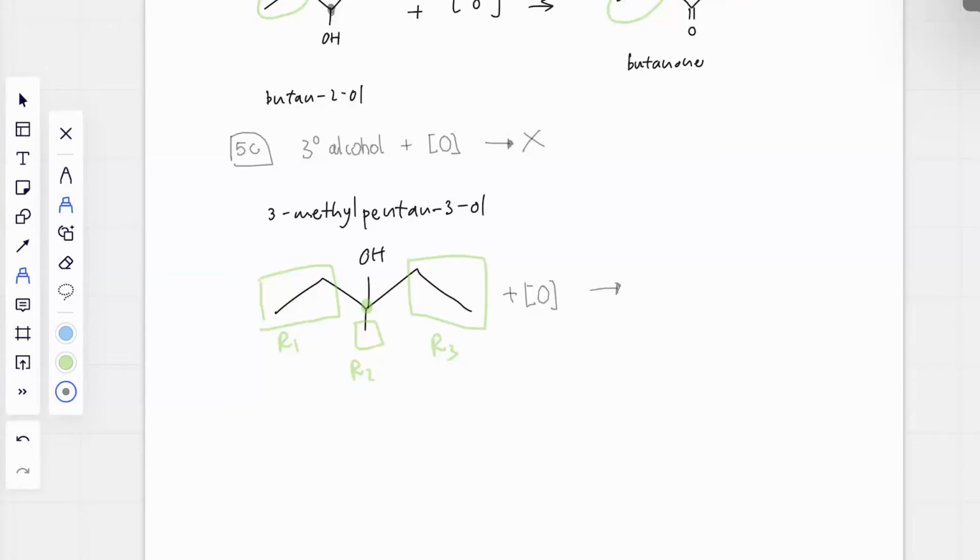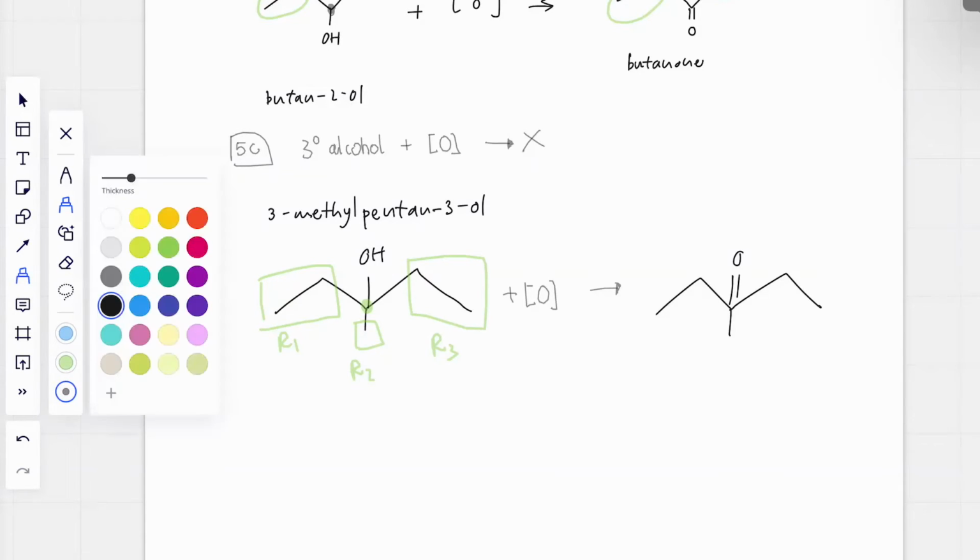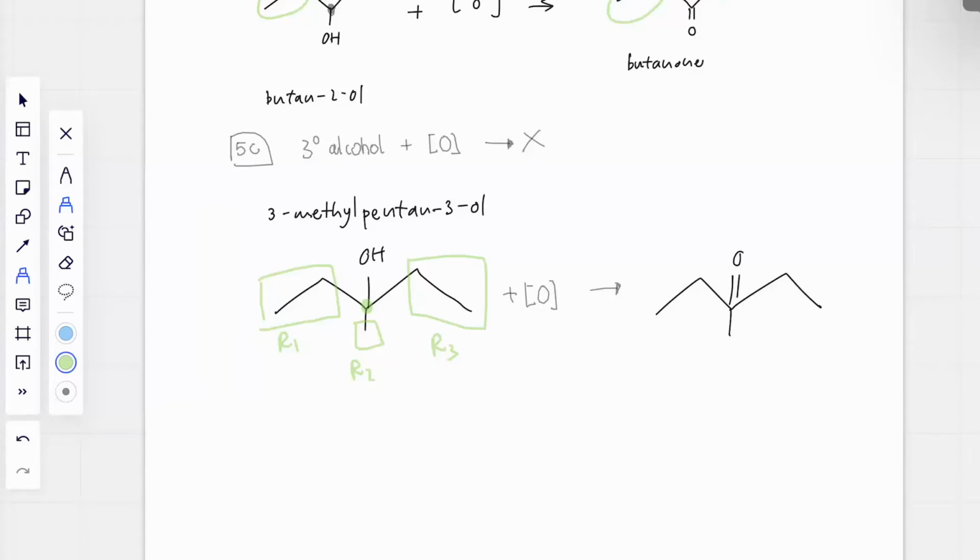You drew the wrong product. So that's why it's wrong.